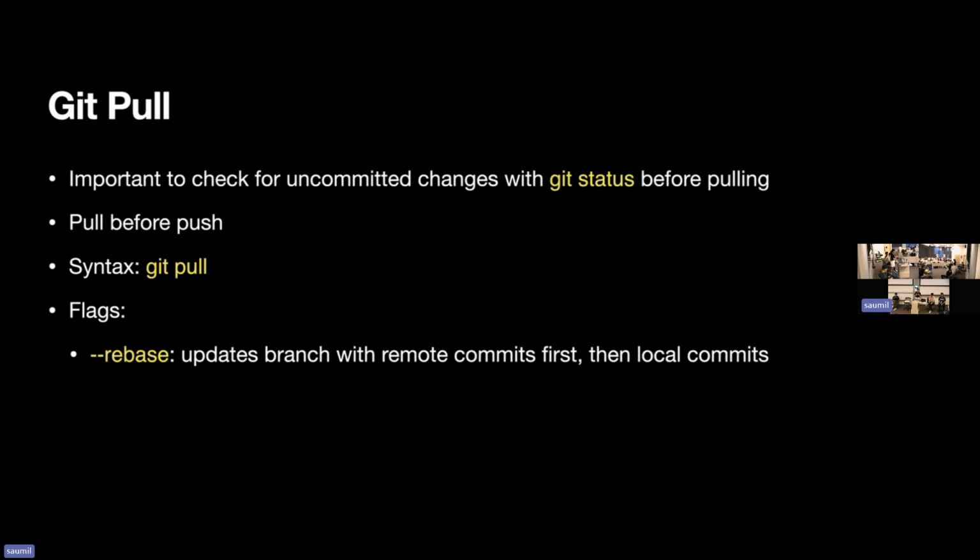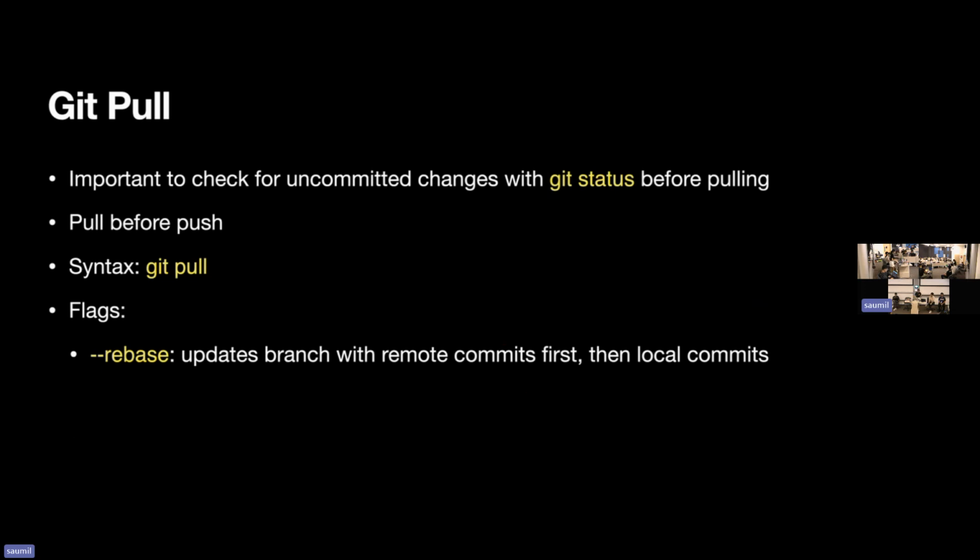So it's important to always pull before you push, so that you update your end with all the progress your friends have made, resolve all your merge conflicts, and then push a version of the code that doesn't conflict with any parts of your friend's code to your remote repository.